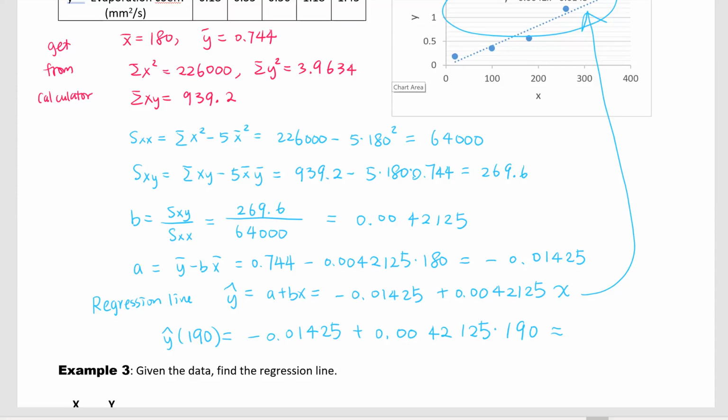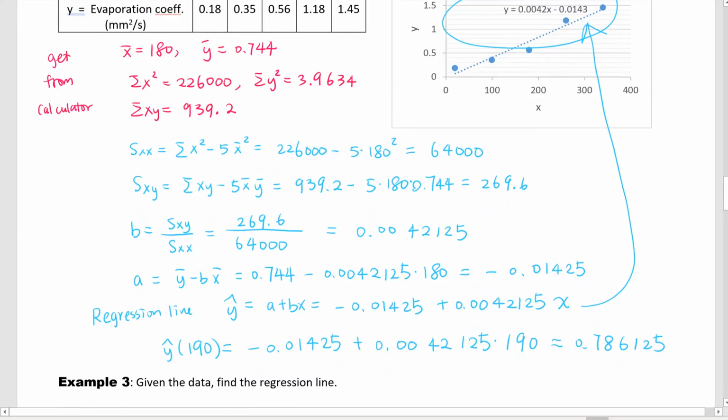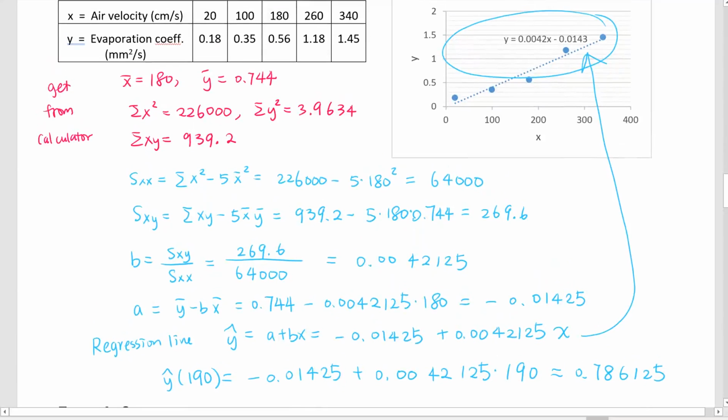Let's see what we get. I get 0.7. Okay, so this is the estimated evaporation coefficient. Okay, so that is example 2.